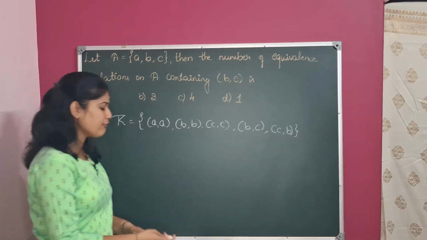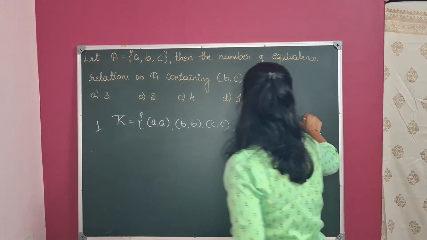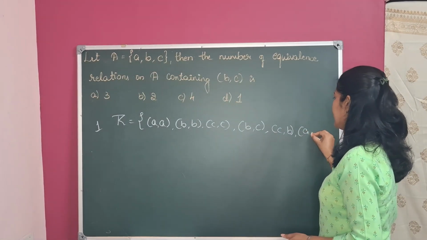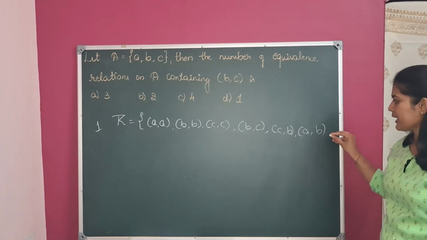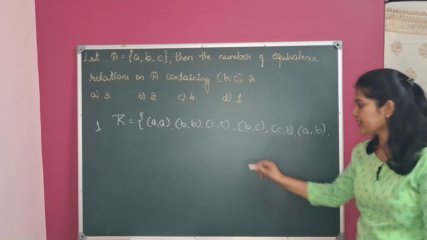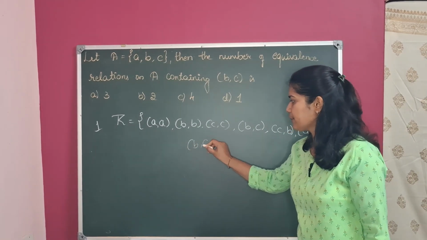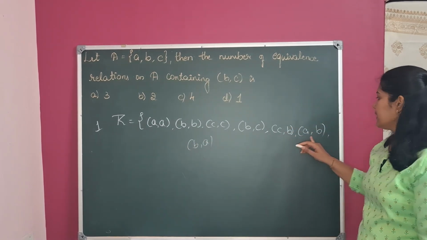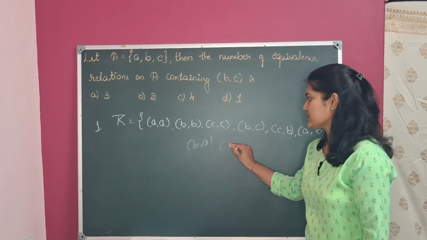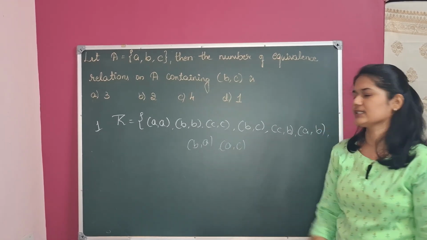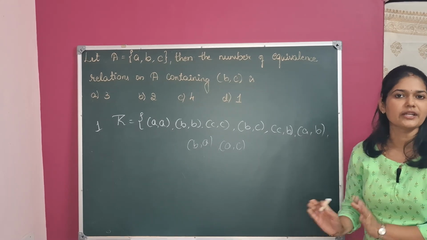For that, if we add any one term, let us add (A, B). So now we have (A, B), that means for the relation to be symmetric, we must have (B, A), right? And we have (A, B) and (B, C), then we must have (A, C), because the relation should be transitive.